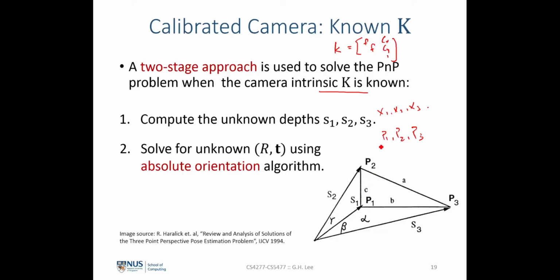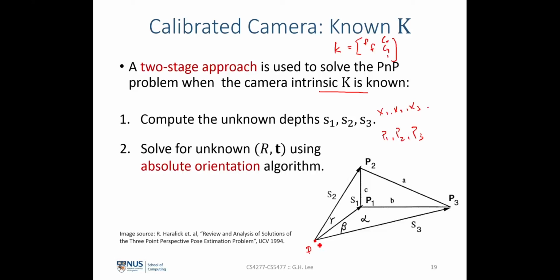So the notation here, I'm following that paper, and it denotes the 3D points as P1, P2, P3, and the camera center is here. Let's denote this camera center as P, for example. S1, the first depth here, is the magnitude of the vector from P, the camera center, to P1.